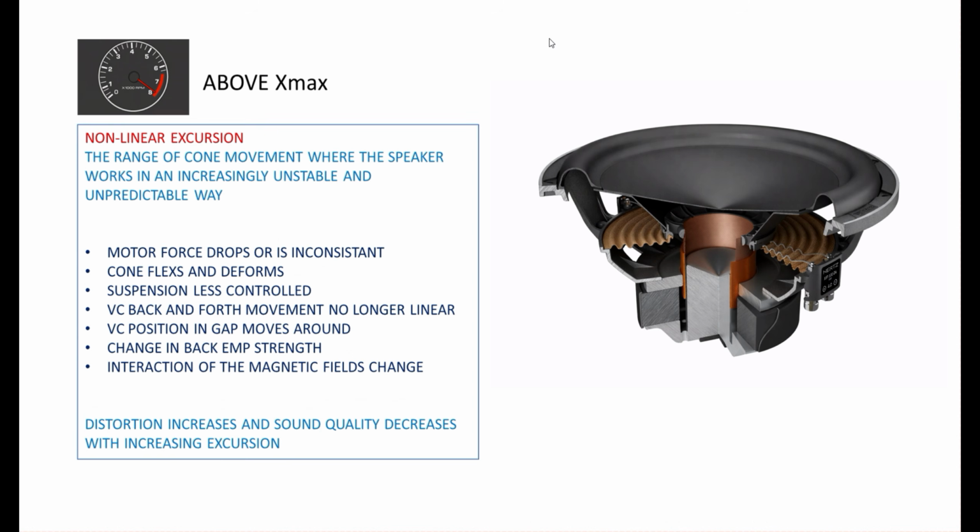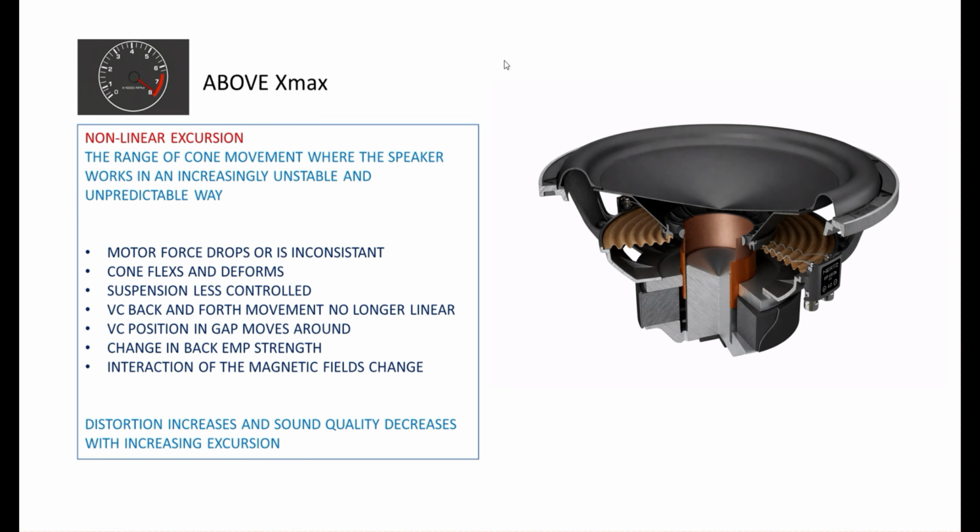But once you go above the Xmax, the speaker is no longer moving in a linear and controlled fashion, right? It starts to sort of get the speed wobbles. It's a bit like driving your car above red line, right? You can drive it there, but the motor really doesn't like it, okay? So what happens is if you push your speaker above Xmax, you start to get distortion. The more you push it, the worse the sound quality gets.